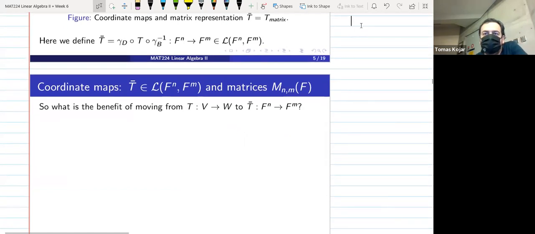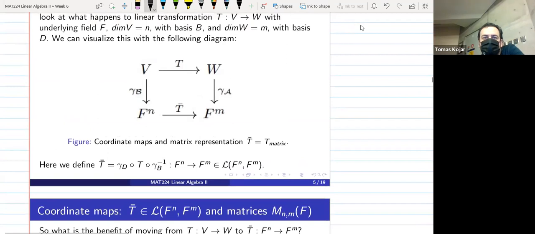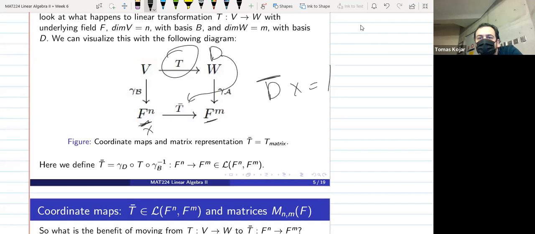So the diagram basically says you give me something complicated like the derivative. I will give you some other map called D bar, which will be between vectors. And this guy has a matrix representation. So when you take some x from here, it will be some matrix x. So this D bar, see in the notes, acts as matrices. D is not a matrix, but you map it to something that has a matrix representation.